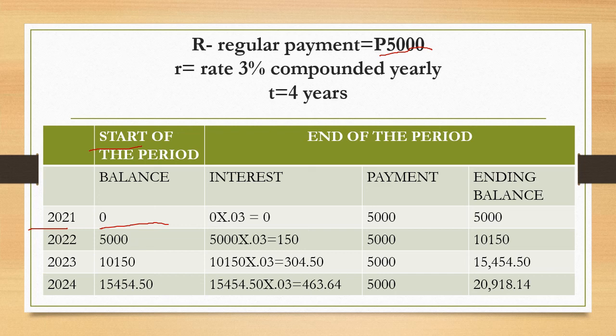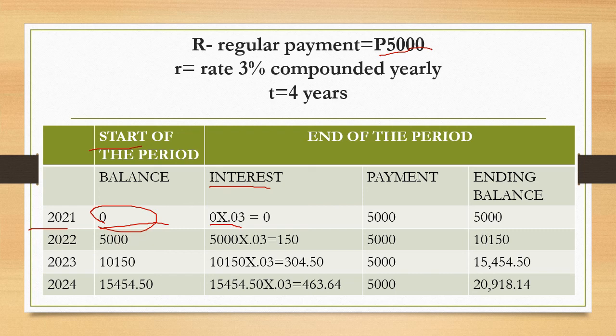Okay? Now take note that the interest is always earned at the end of each period. So at the end of 2021, the amount of money which John Mark has will earn an interest of 0.03 or 3%.